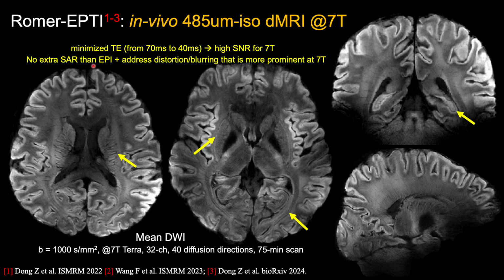There's no extra T2 star than EPI, and it addresses distortion and blurring that's more prominent at 7T. Here is the acquisition that achieves in vivo 485 micron isotropic diffusion MRI at 7T, revealing very fine scale structures such as a layered hippocampus and other structures.